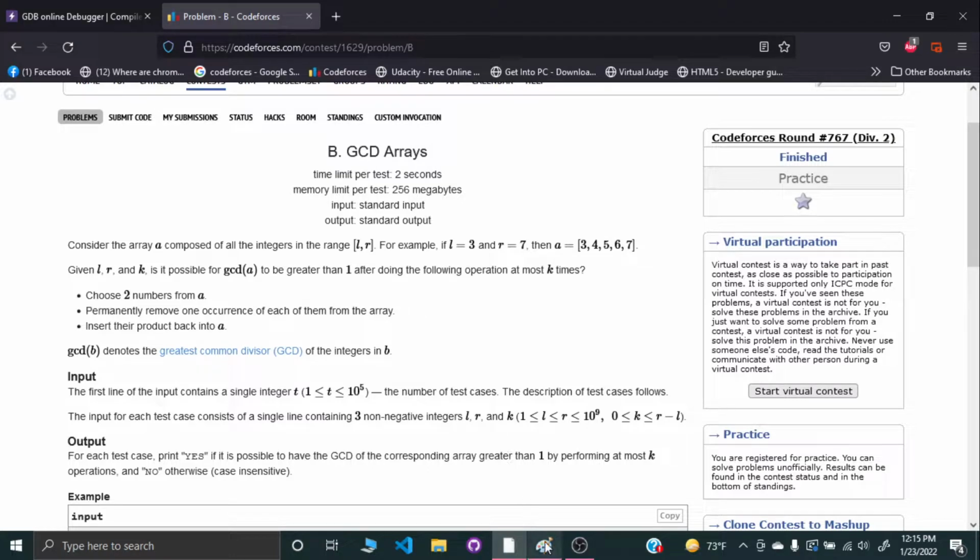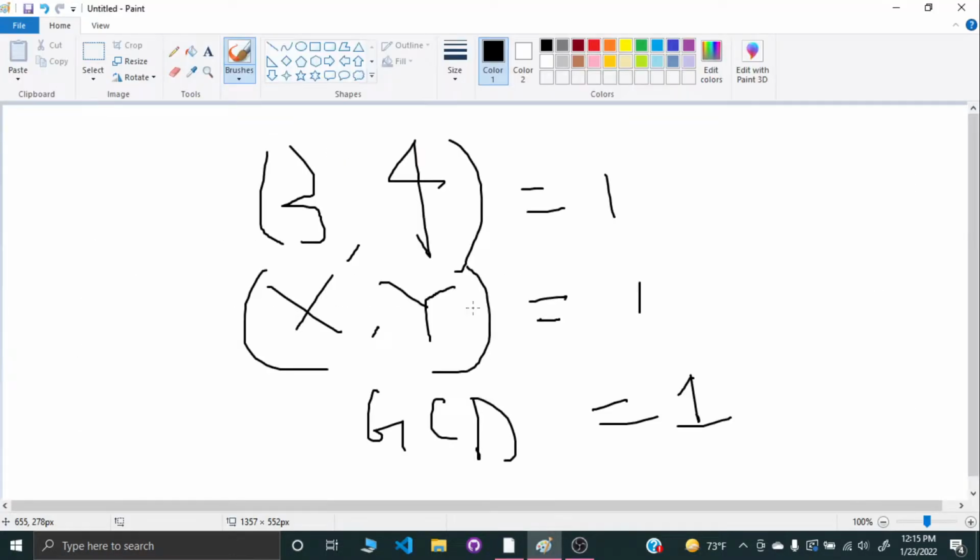First of all, the first claim is that for any two numbers, if their difference is 1, or any series that is an arithmetic progression where the difference between two consecutive values is 1, then the GCD would also always be 1.